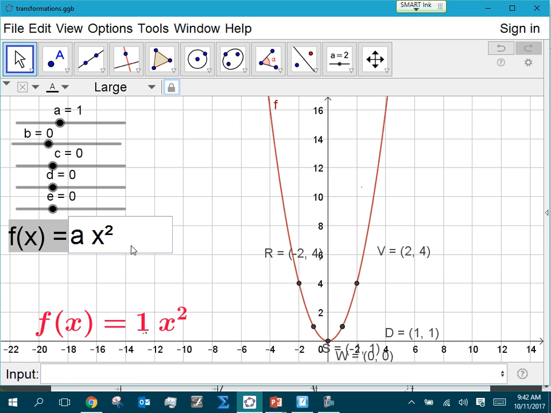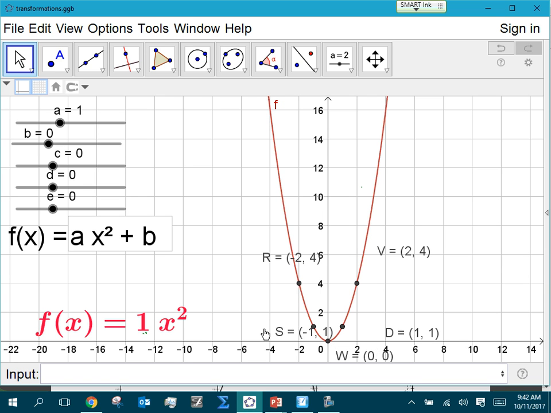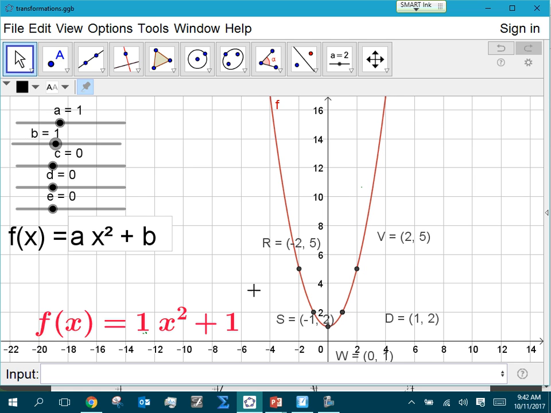Let's add to this some B value. Right now you see my B value is stuck at 0. So look at your ordered pairs. Still negative 2, 4, 2, 4, 1, 1, 0, 0, negative 1, 1. But when I change that B value, it changed my graph, right? Changed my function.